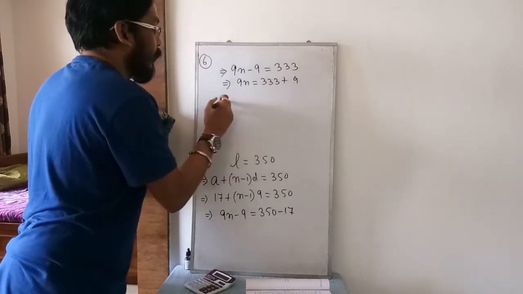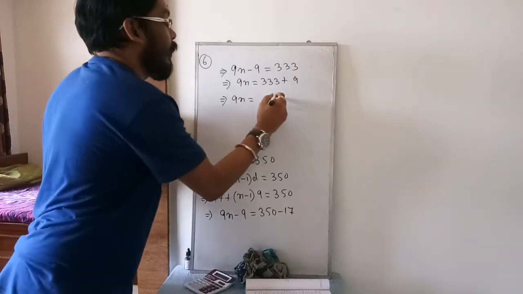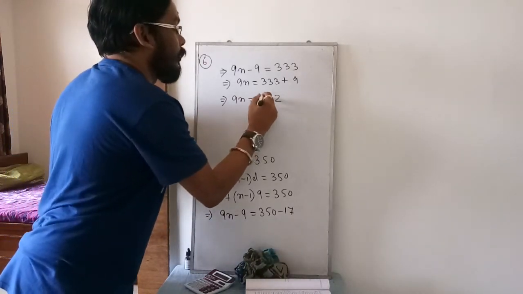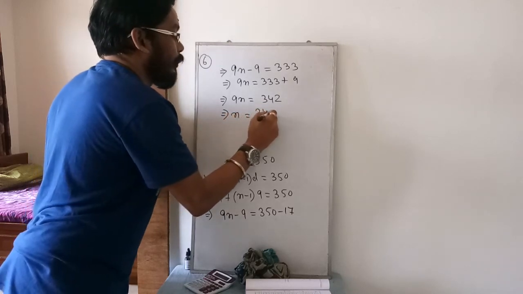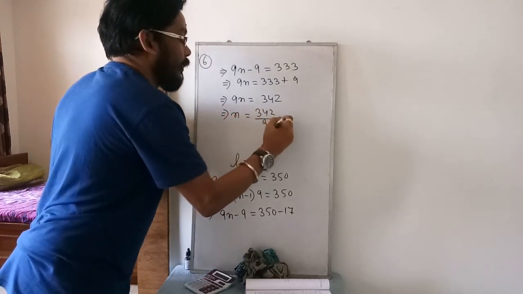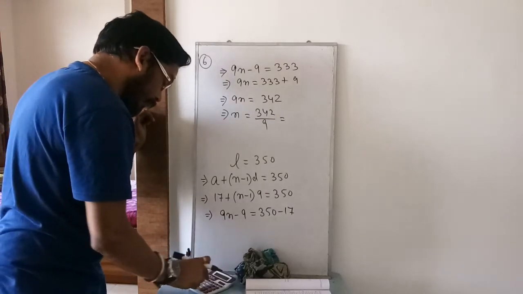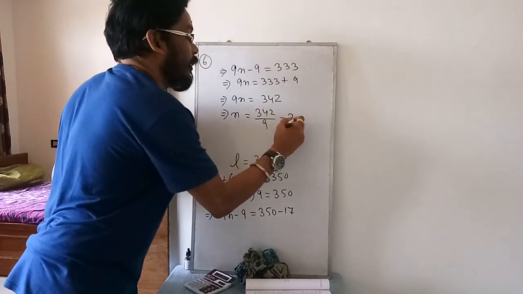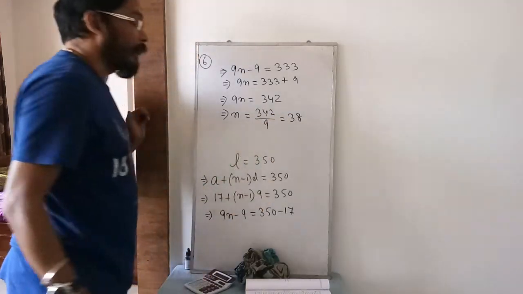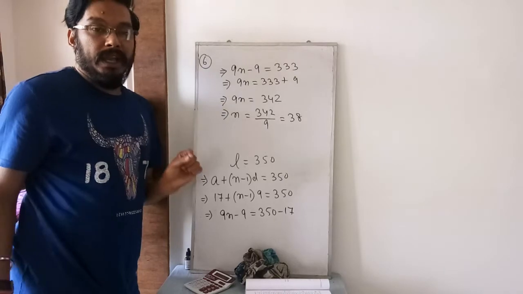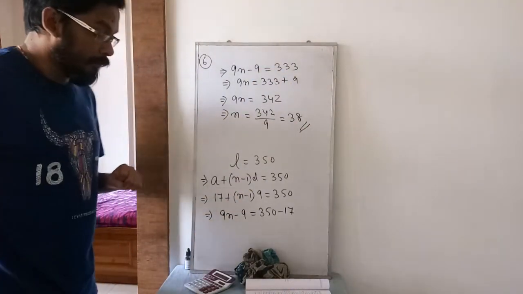Let me add it now. 9n equal to 342, n equal to 342 upon 9. Now let me divide it. 342 divided by 9, it will be 38. So this is how we have found the value of n by using l equal to 350. So take the screenshot.